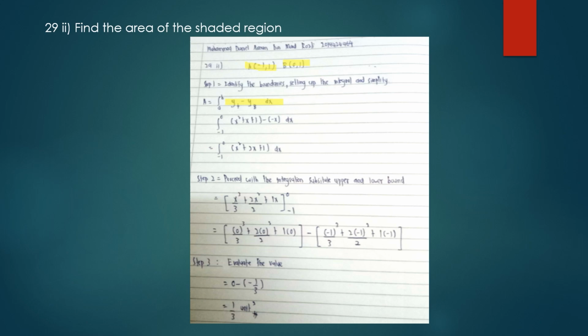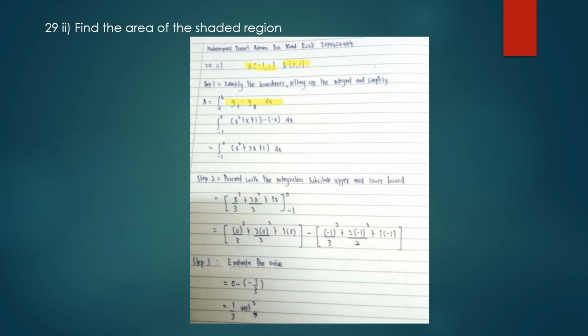Then we find the lower bound: 0 cubed over 3 plus 2 multiplied by 0 squared over 2 plus 1 times 0, and then negative 1 to the power of 3 minus 3 over 3 plus 2 times negative 1 squared over 2 plus 1 times negative 1.